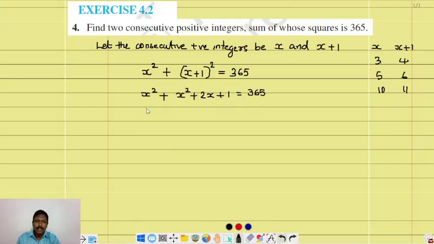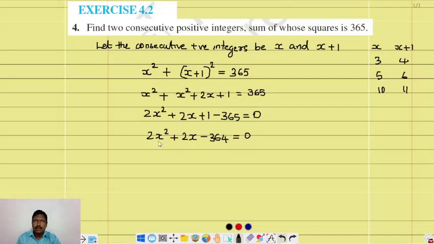equal to 365. So x squared plus x squared will be 2x squared plus 2x plus 1 minus 365 equals 0. That is 2x squared plus 2x minus 364 equals 0.